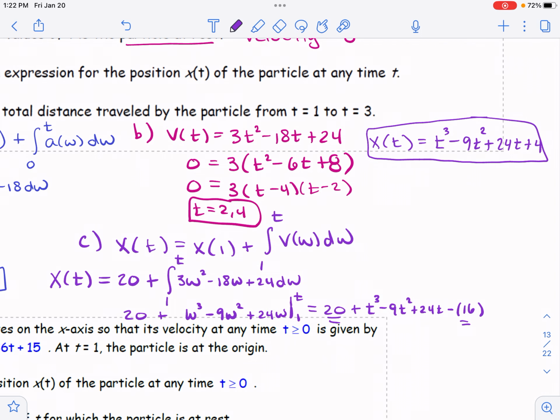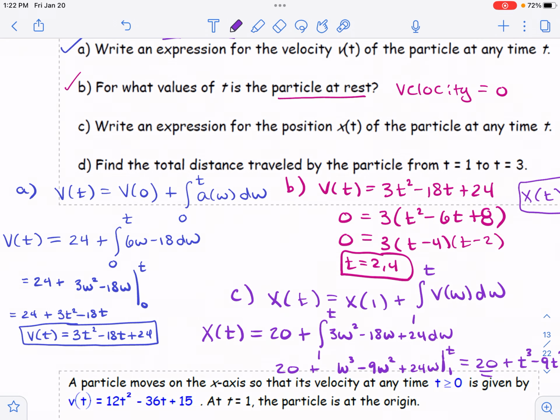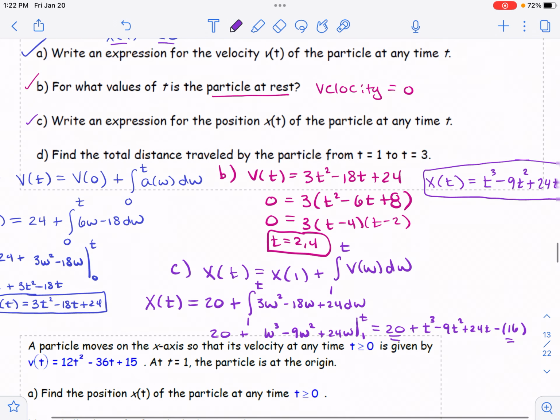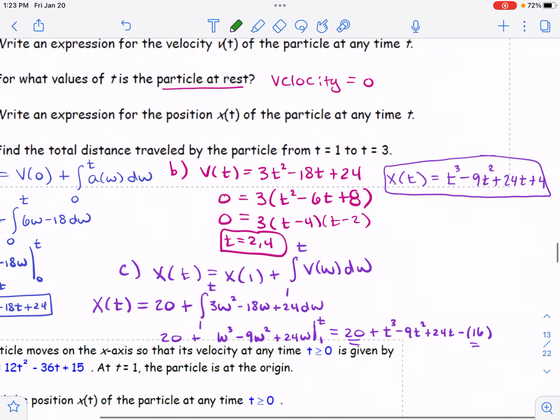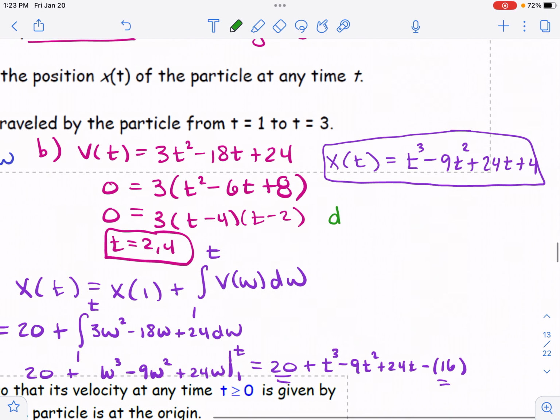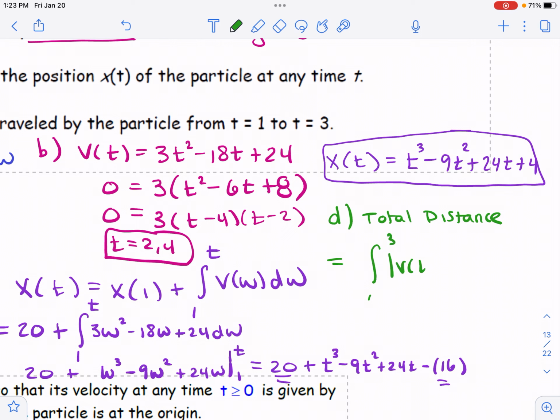Okay, and the very last thing I have to do at this point is this last question. Find the total distance traveled by the particle from t equals 1 to 3. So to do that, I need to evaluate the integral. Total distance is just the integral from 1 to 3 of my velocity in absolute value. So let's use technology for this.